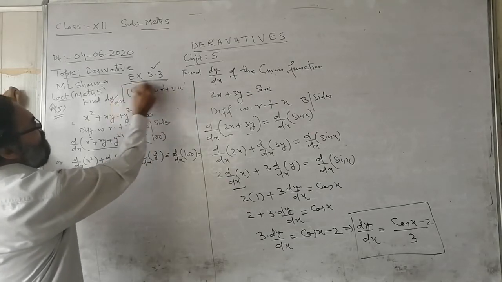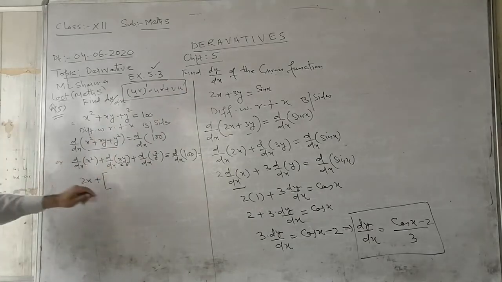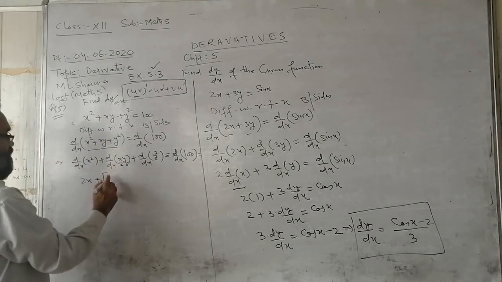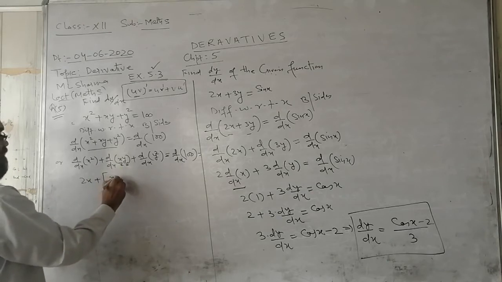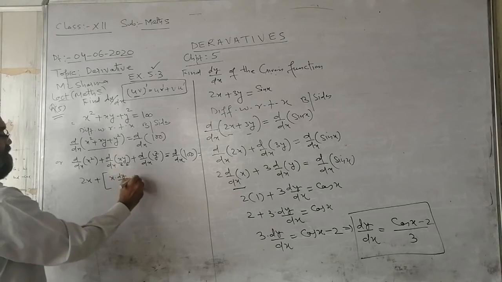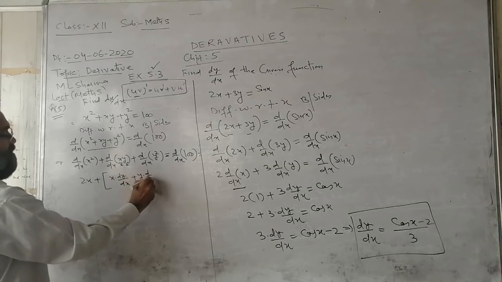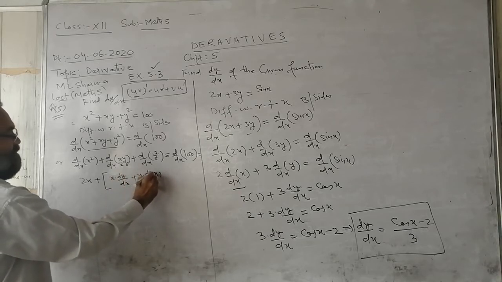So this formula will be applied here: first function into the derivative of the second, that is dy upon dx, plus the second function into the derivative of the first function.